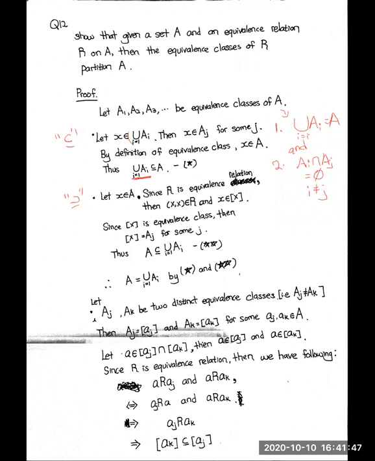Therefore, in this case we do have an equivalence class of x. Since this is an equivalence class, this class must be equal to Aj for some j, because you see that here we consider all equivalence classes of A, and this class of x is one of the equivalence classes of A. So of course it must be one of them.